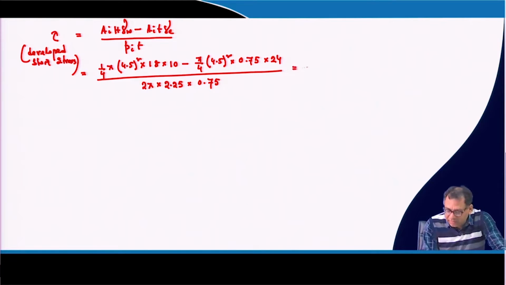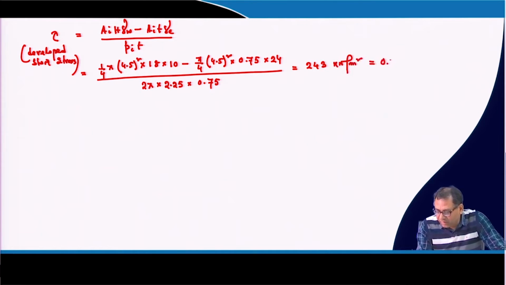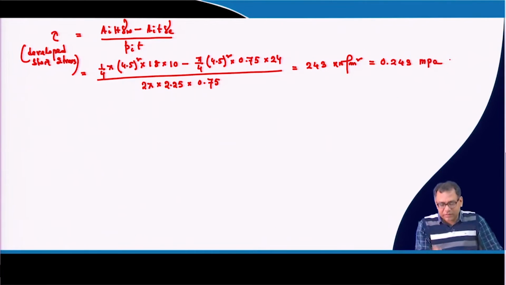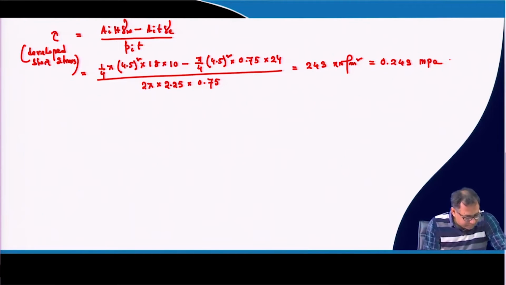So, first we calculate in terms of kPa, 243 kilonewton per meter square or 0.243 MPa. So, the shear stress which is developed is 0.243 MPa.